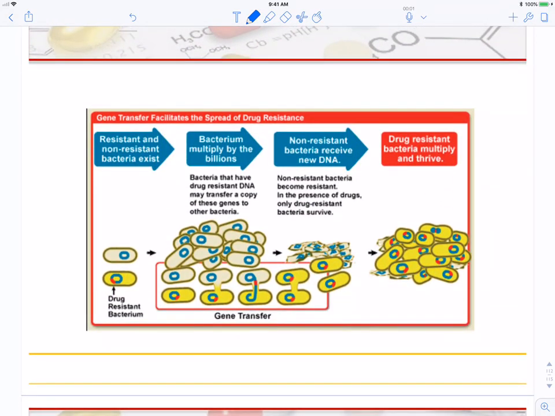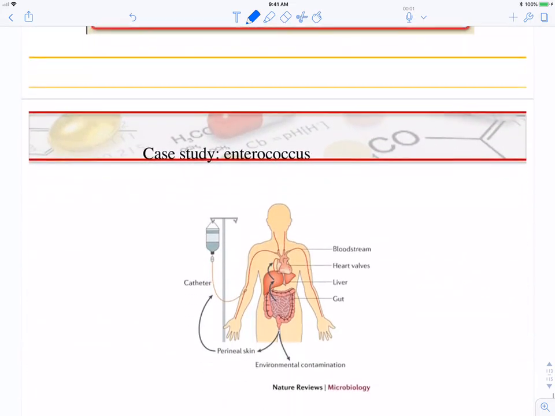What happens then is that we have coexistence in the absence of antibiotic of resistant and non-resistant bacteria. But then we have gene transfer between bacteria that are resistant to certain antibiotics and bacteria that are not. And by doing that, basically we also evolve a population of bacteria that is completely resistant.